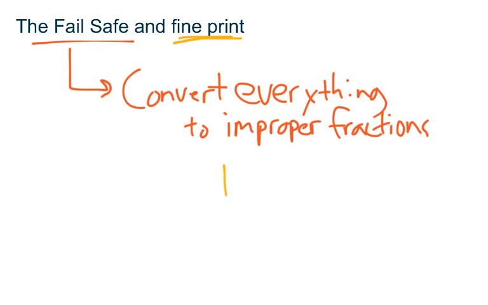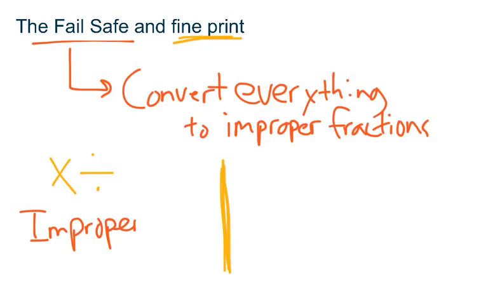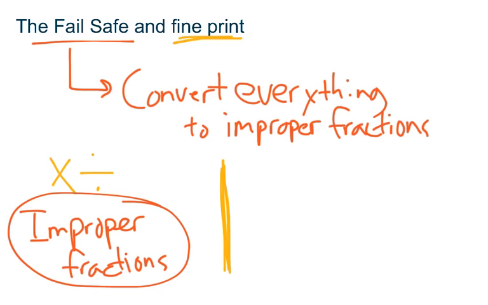Now, there's a line in the sand with the fine print. With multiplying and dividing, you have to have improper fractions. There is no two ways about it. Okay, so you're going to have to convert them.